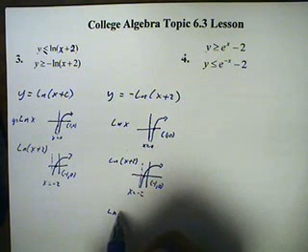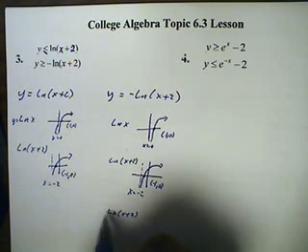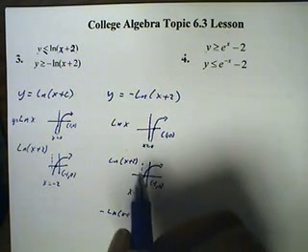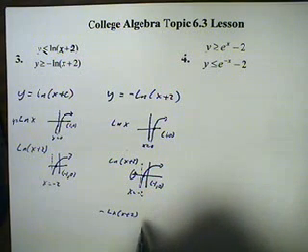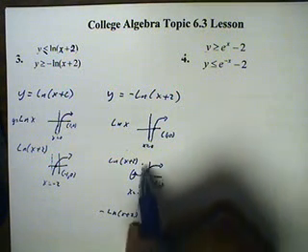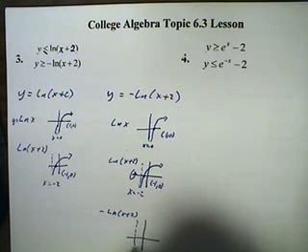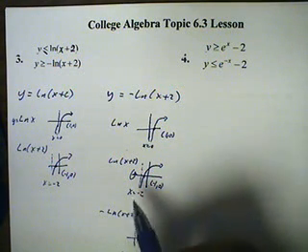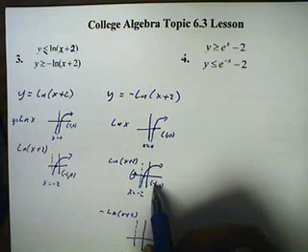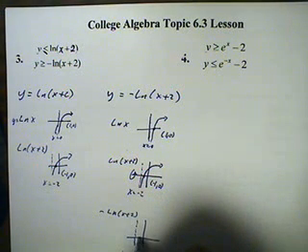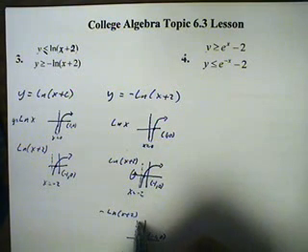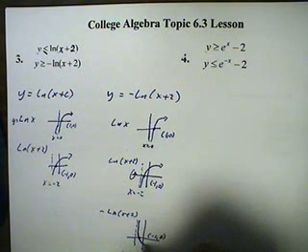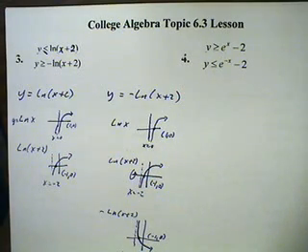And then finally we'll put our negative up front, which is going to give us a rotation about the x-axis. So this graph is going to rotate across the x-axis, so the x equals negative 2 will remain x equals negative 2, and the point negative 1, 0 will remain at negative 1, 0, but the graph will flip, so it'll go from rapid decay to kind of a soft decay there.